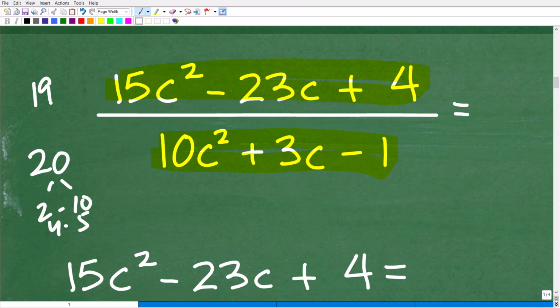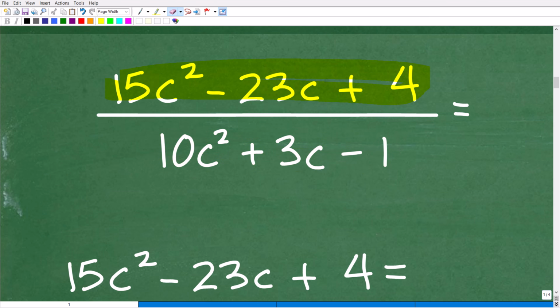But 19 is a prime number, the only factorization is 1 times 19. Same thing with trinomials. There's no guarantee that you can factor them, but of course we need to attempt to. So we're going to start by factoring this quadratic trinomial right here.